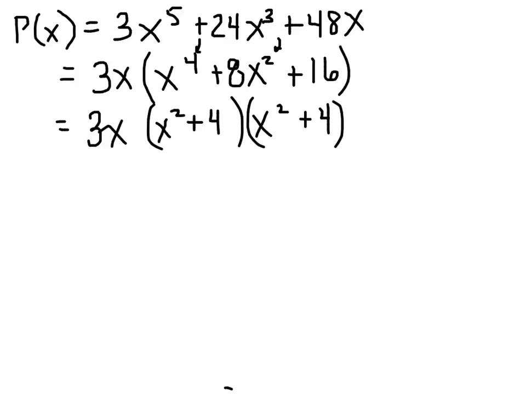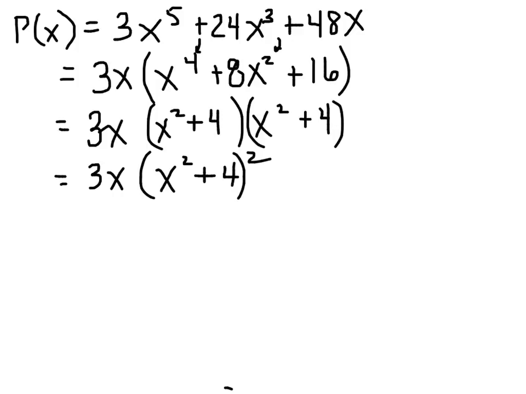Now if you notice, it's the same group twice, so we can rewrite that as one group squared. That is what they call a multiplicity of 2. When you have the same group that shows up twice, we call it a multiplicity of 2. If it showed up 3 times, it would be a multiplicity of 3, and so on.